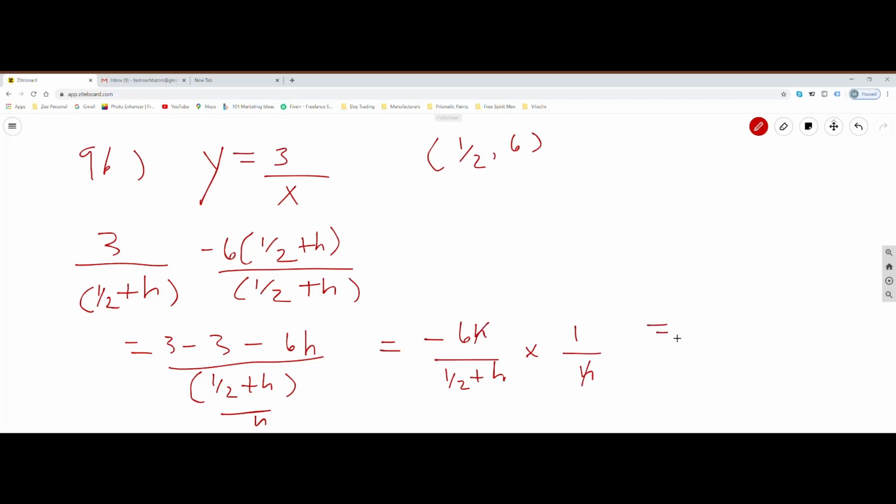Sorry, you're left with negative 6 over 1/2 plus h. So if you substitute 0, you get negative 12.